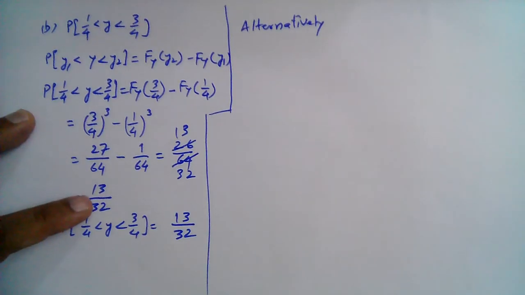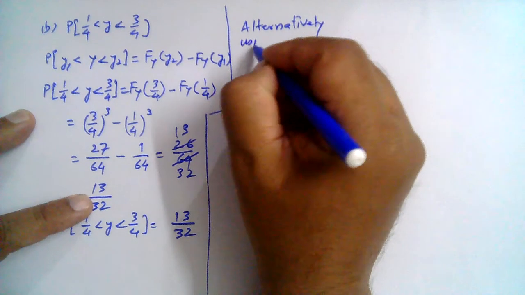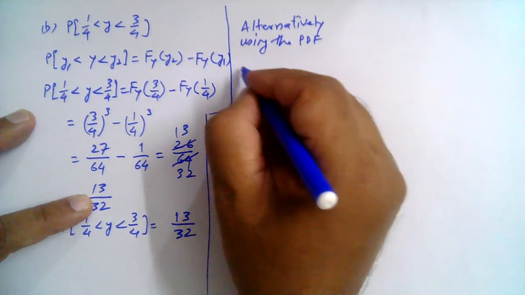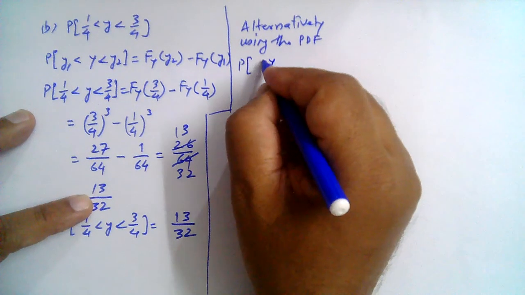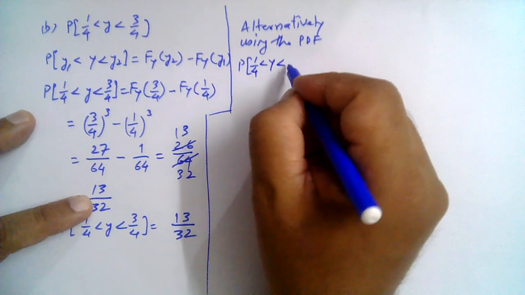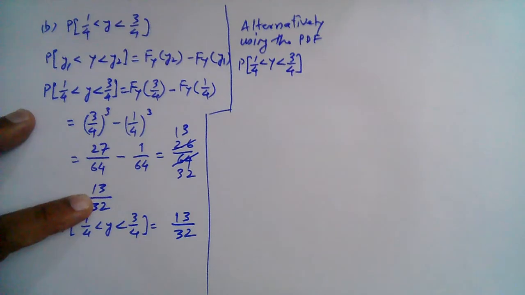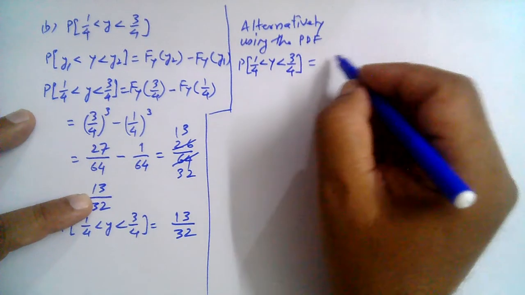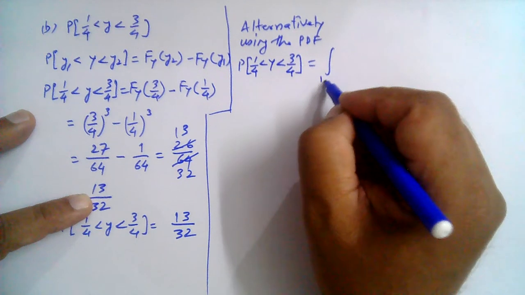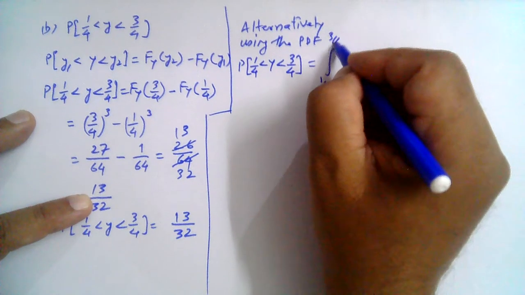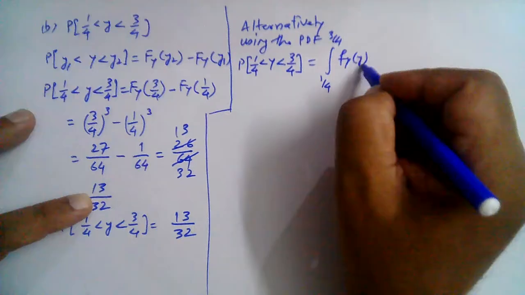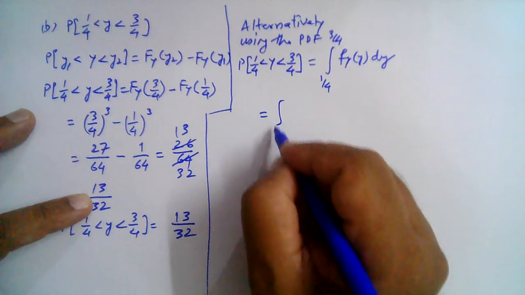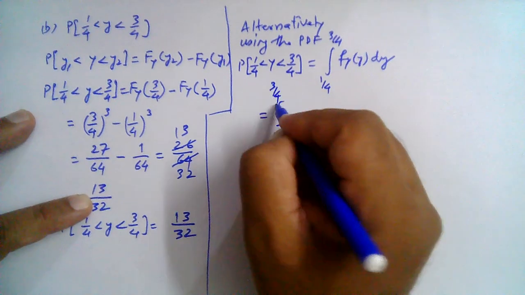So using the probability density function, the probability that y is greater than 1 over 4 and less than 3 over 4 is given by this integral, the area from 1 over 4 to 3 over 4 of fy of y dy.